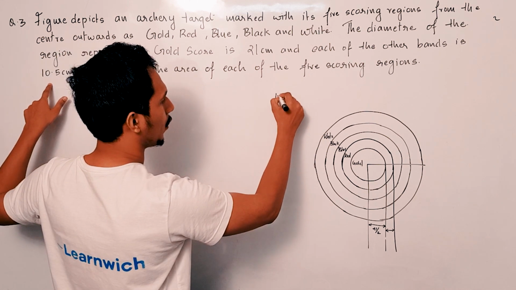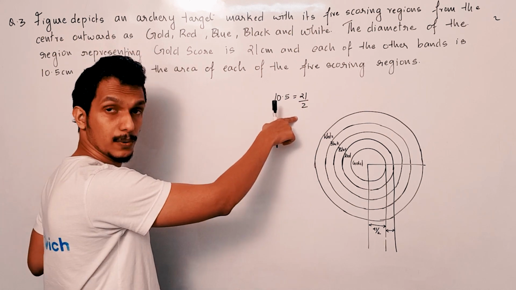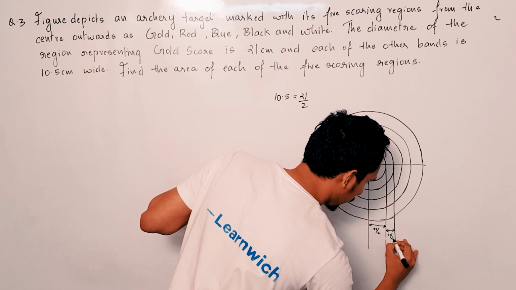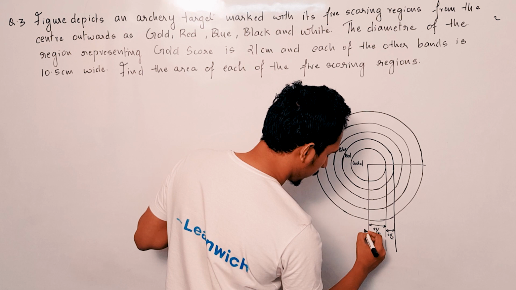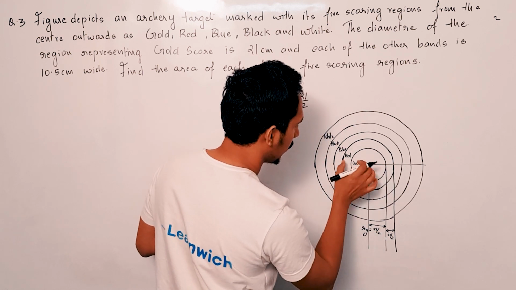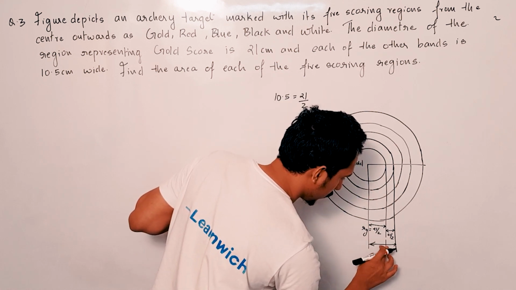So can I write 10.5 as 21 by 2? Half of 21 is 10.5. Okay. So if this is 21 by 2, let's say this is RG, that is R of gold, then what will be R of red, the whole region?